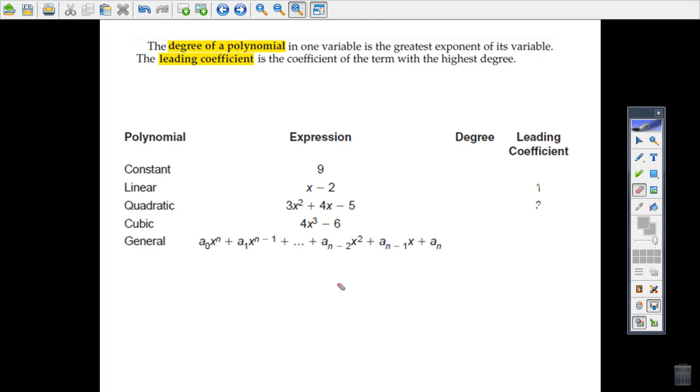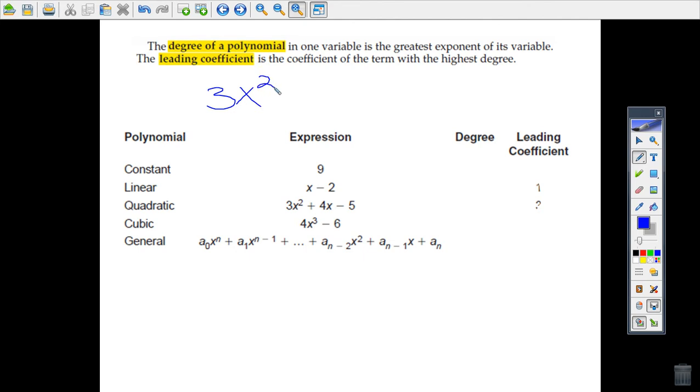But in order for it to be a polynomial, what's important is that it's going to have variables in numerators only. No variables in denominators. So what I mean by that is if you have something like 3x squared, that's a polynomial.